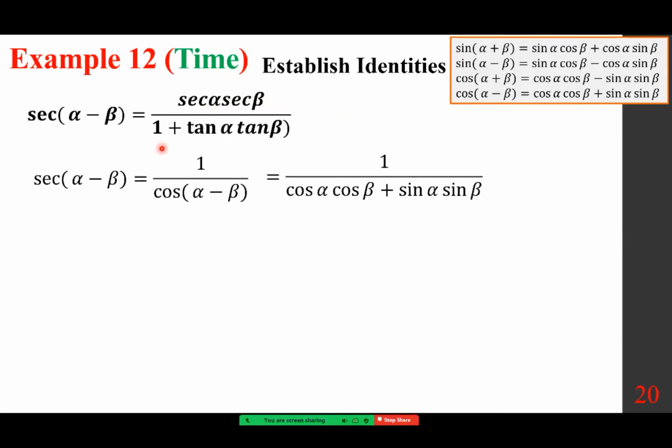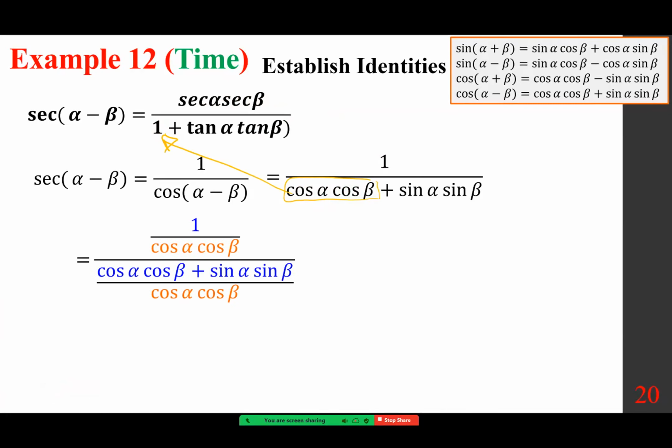In order to get to 1, you have to divide this one by itself. That's another way of looking at that. That may be even faster. In order to change it to 1, you divide everything by cosine alpha cosine beta. So that's how you see the trick.